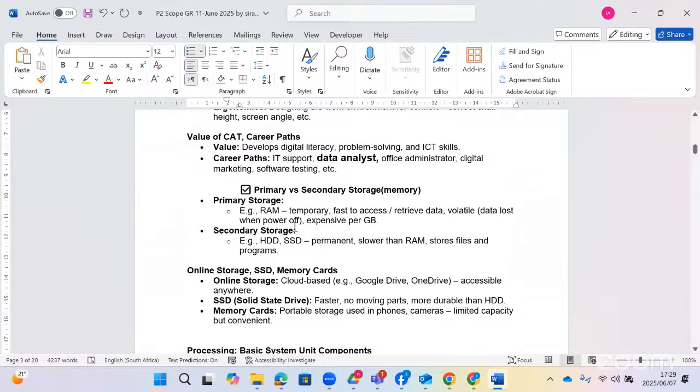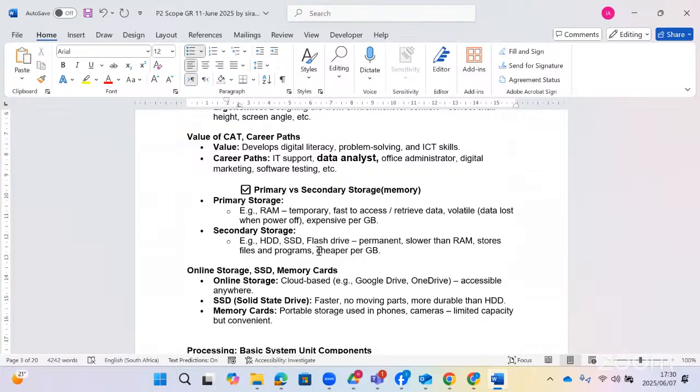Now, for the secondary storage, we have hard drive, SSD. We also have flash drive. Now, these ones are permanent, slower than RAM, stored files and programs, and cheaper per gigabyte.